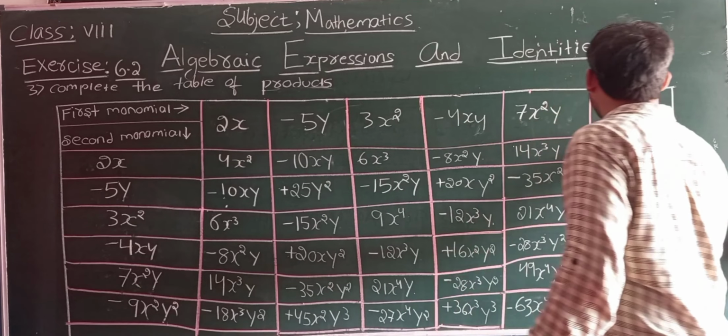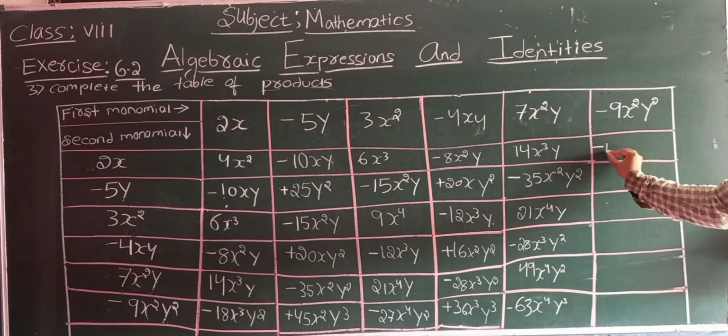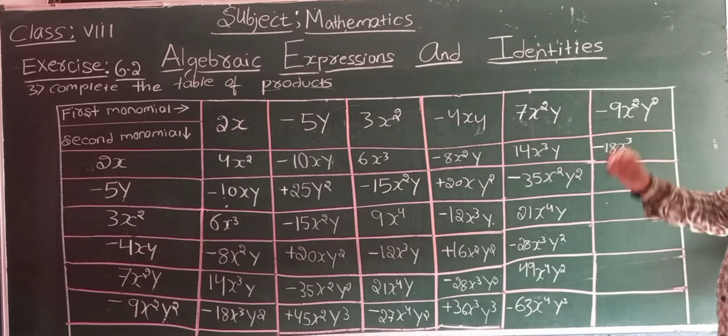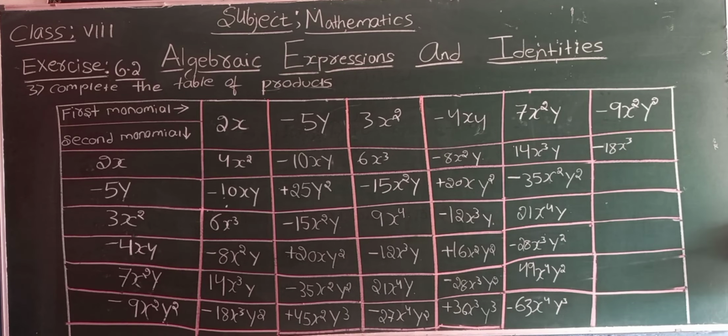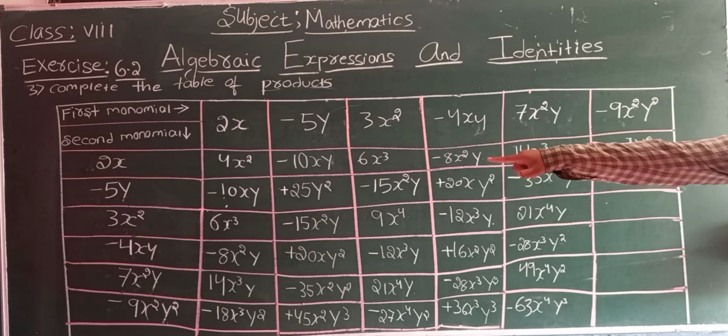X square into x will be x cube, and here there is no y, and here y square is there, so write y square.